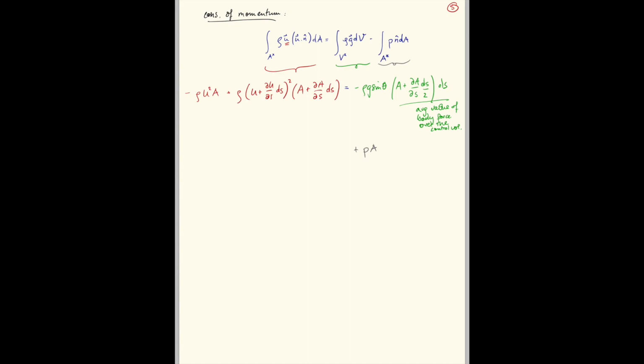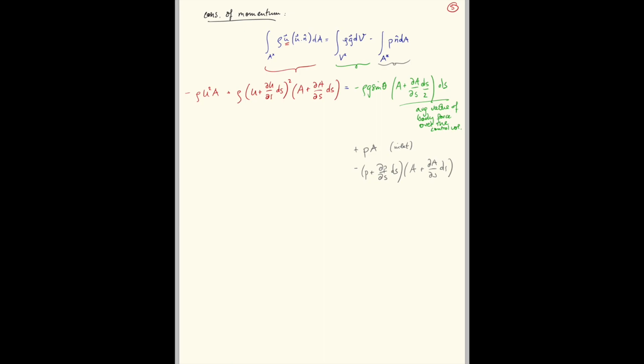And at the outlet you have the outlet pressure, P plus dP ds times ds, times the area at the outlet, which is A plus dA ds times ds.